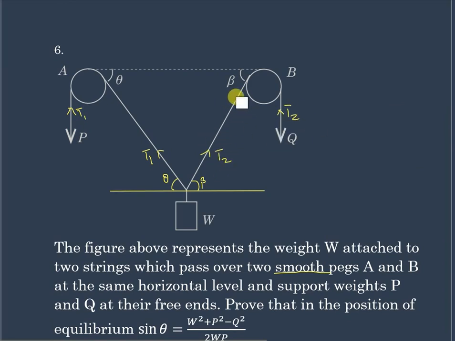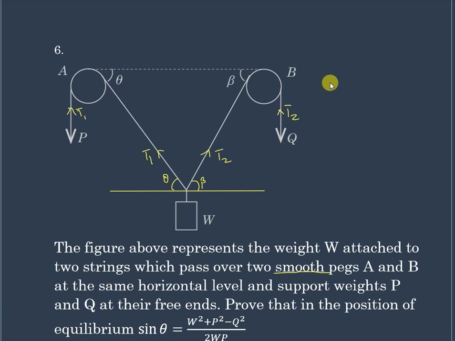Because the tension through this string, exactly there, is T2. Then because this one is smooth, the tension on the two sides of the peg should be the same. So the tension in this side is equivalent to the tension in that side. The same applies to this. The tension in this side should be the same as the tension in that side, reason being the pegs are smooth.